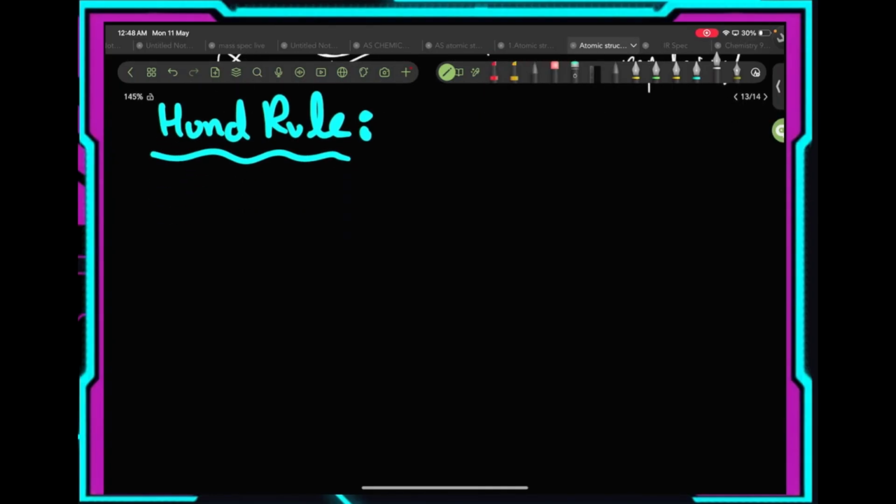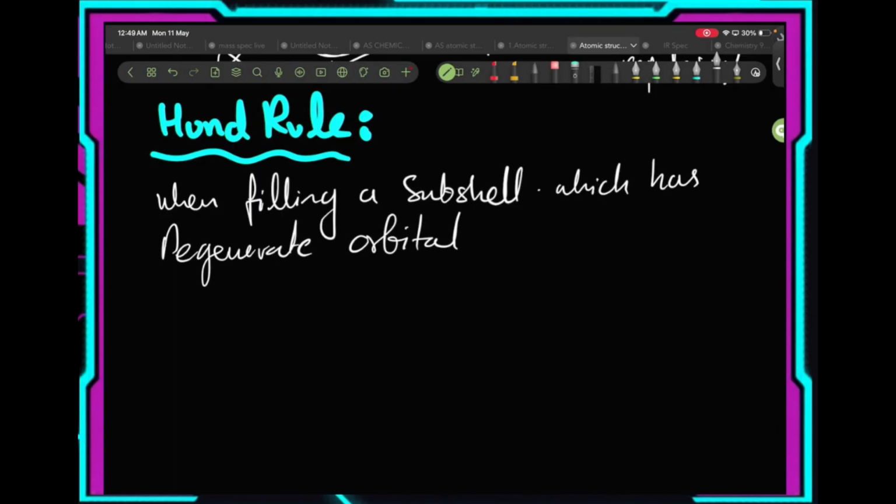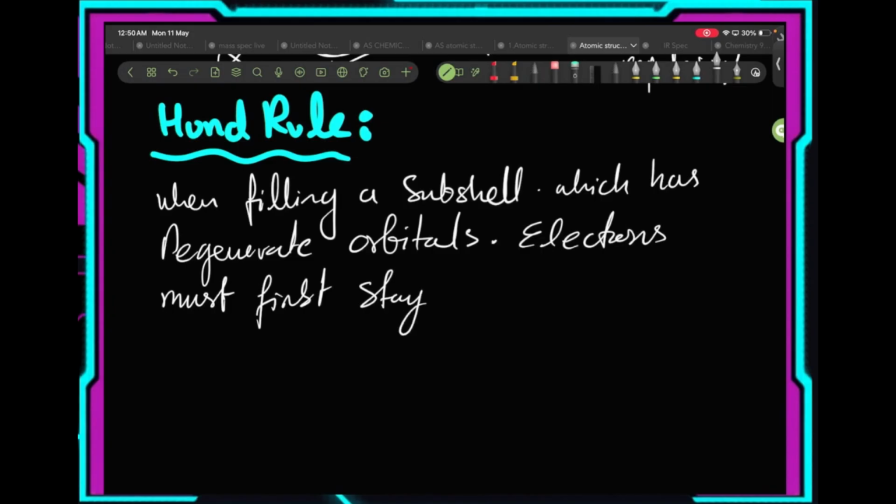Let's write this rule. So basically, when filling a subshell which has degenerate orbitals, electrons must first stay unpaired in each orbital.